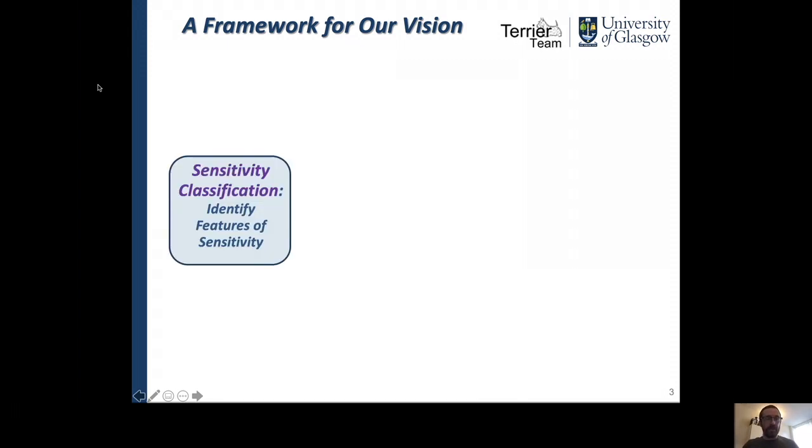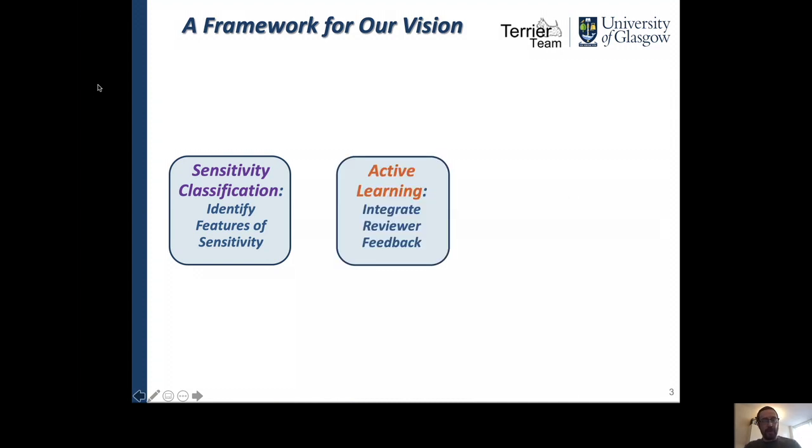I thought I'd give you a brief overview of the components that we look at, and I'll start by talking about sensitivity classification. This is learning a sensitivity classifier when we know what sensitivities we want to learn to predict. The second component is active learning strategies: how can we involve the human reviewer in the loop, to learn from the human's intelligence and knowledge and feed that into a continually evolving learning system.